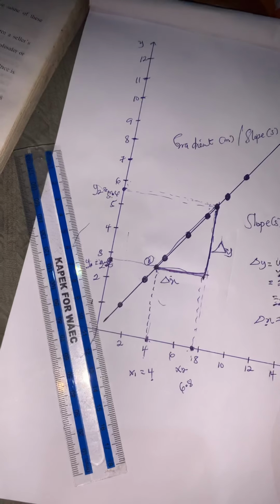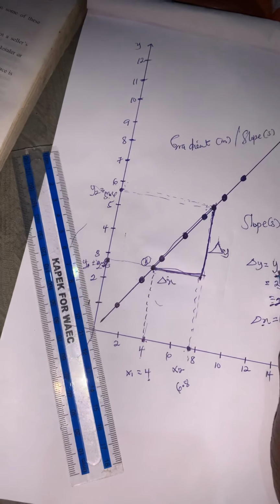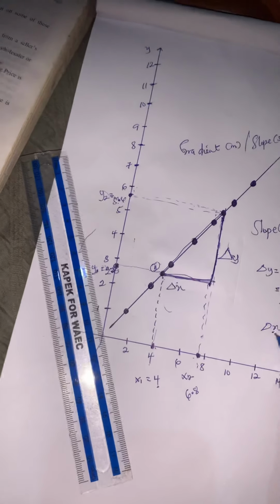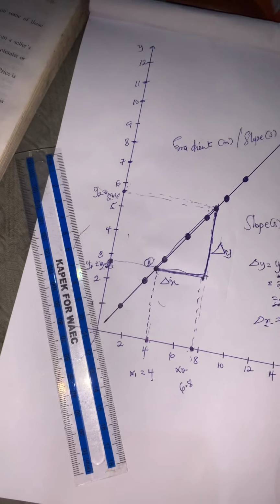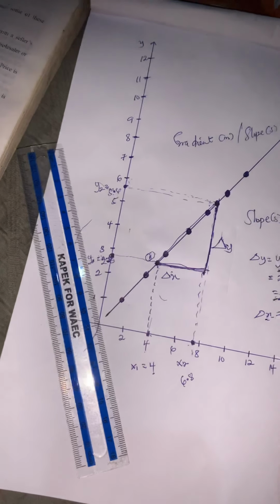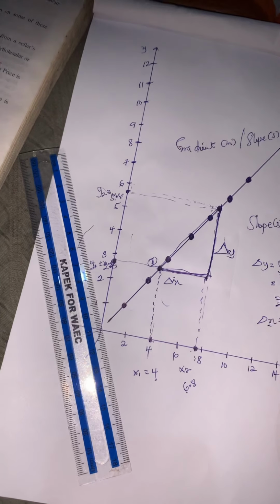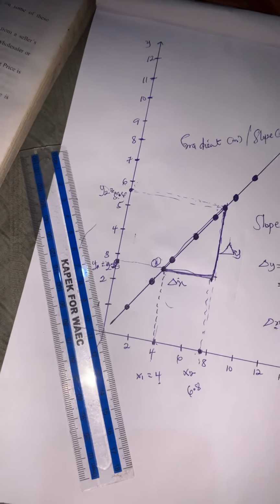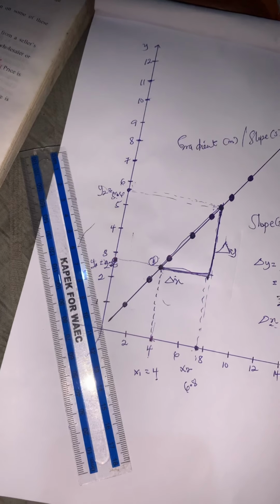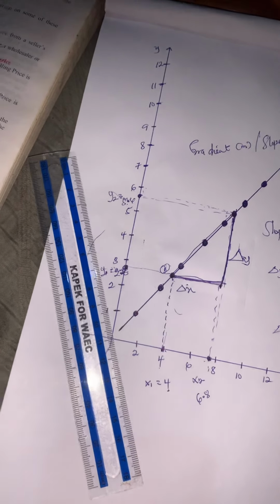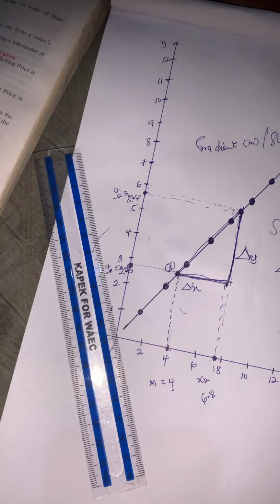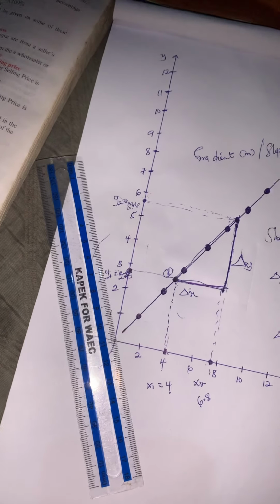Assuming you did it y2 minus y1, then change in x will also be x2 minus x1. But with this one, because we started with y1 minus y2, change in x will also be x1 minus x2, which is also going to give you a negative value because the x1 is smaller than x2.